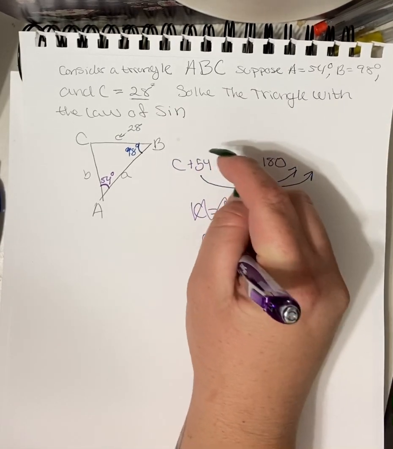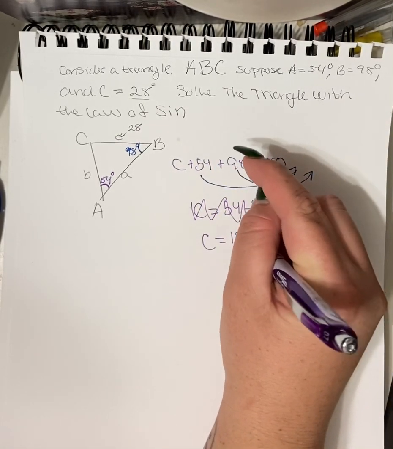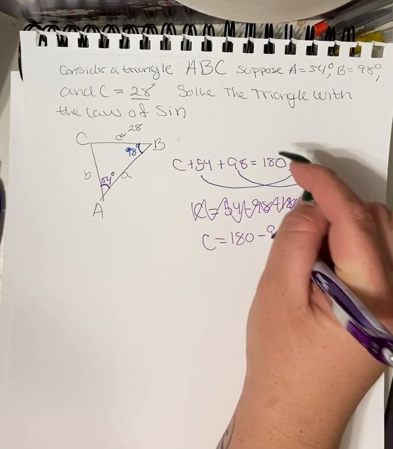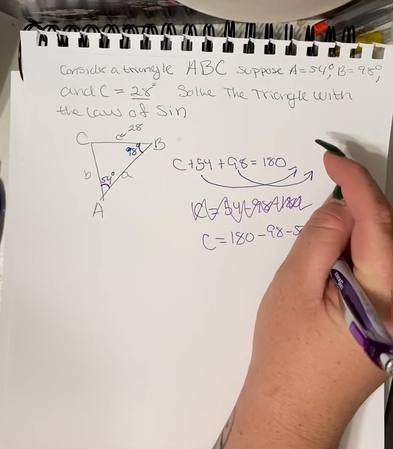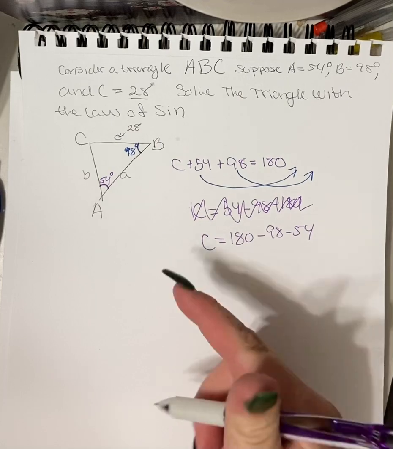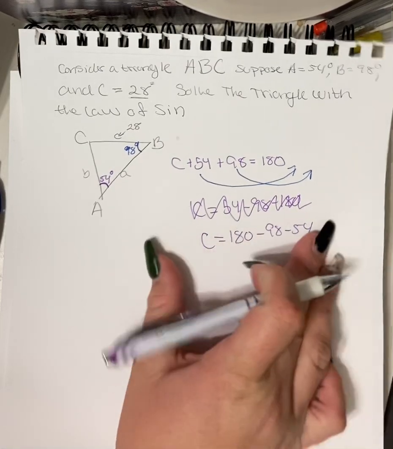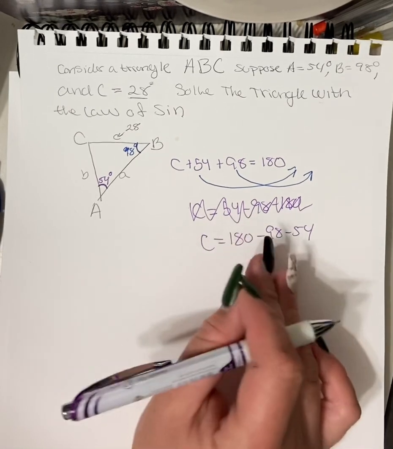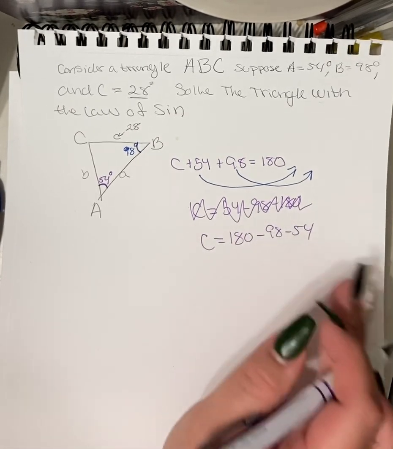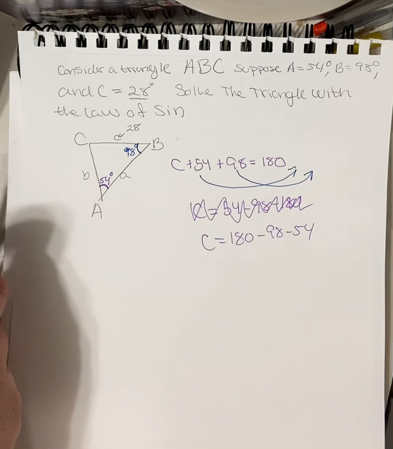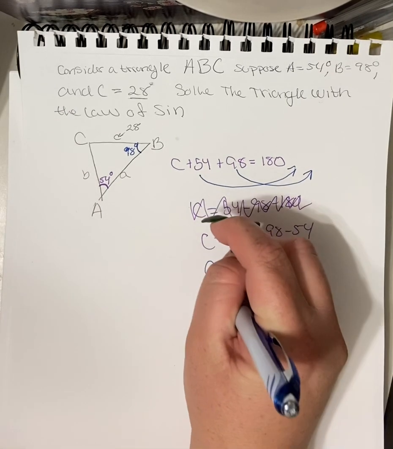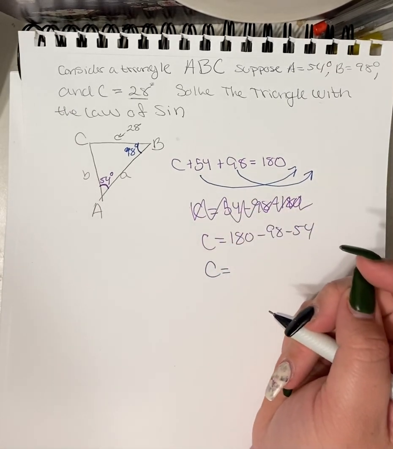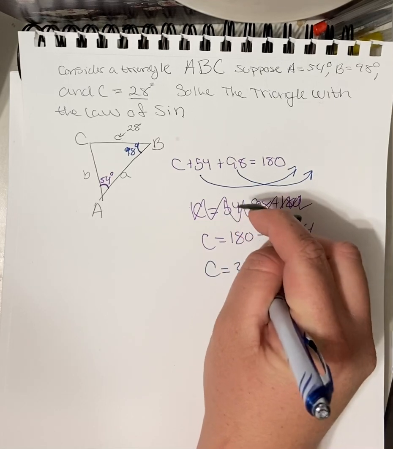We're going to do C equals 180 minus 98 minus 54. If I do it the other way, it's going to come out negative and it's not going to be right. So this goes to show you that it's very important how you write out your formula. Any little mistake can cost you. So finally, C is going to equal 28 degrees.